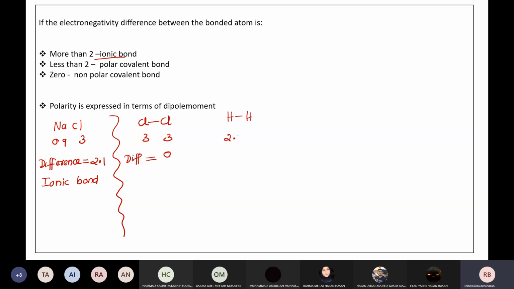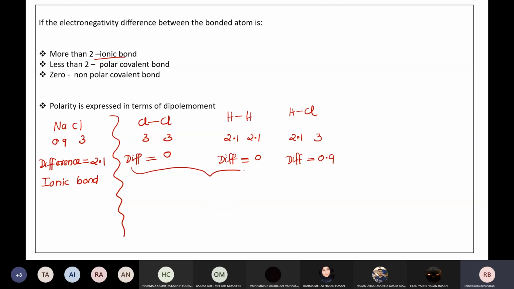You don't need to memorize the values. The difference is again 0. Correct? Now suppose you go for HCl: H is 2.1, Cl is 3. So what's the difference? 0.9. Yes, 0.9.